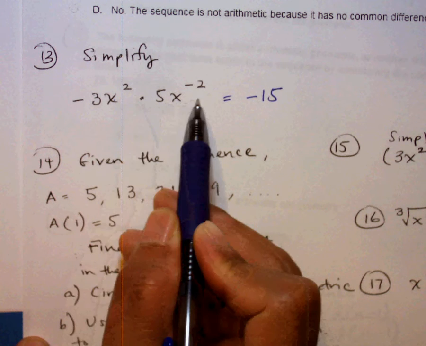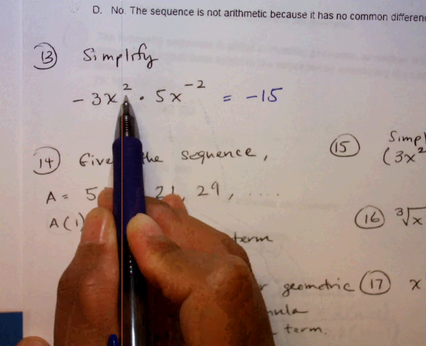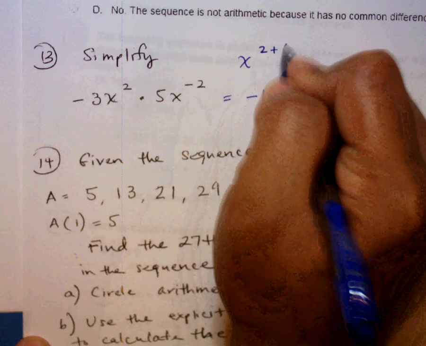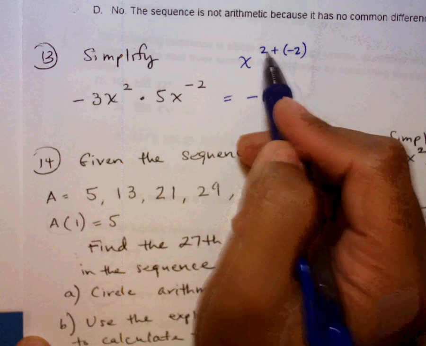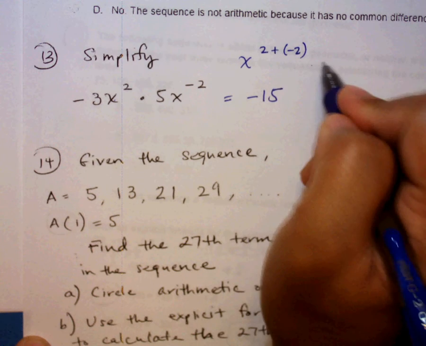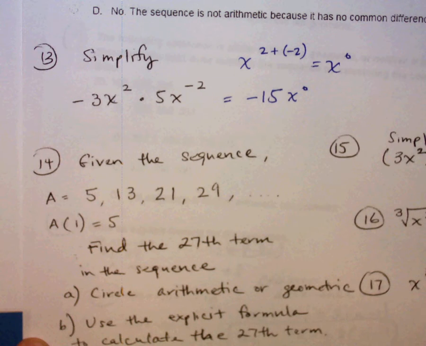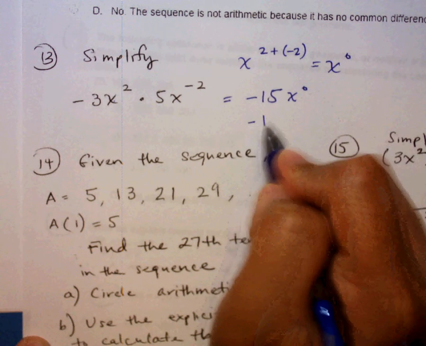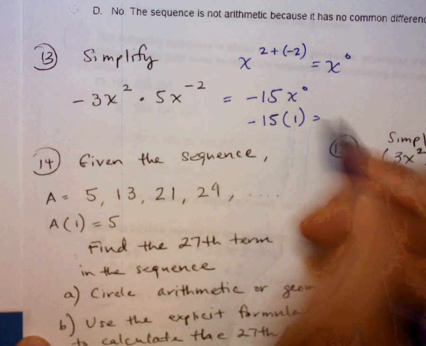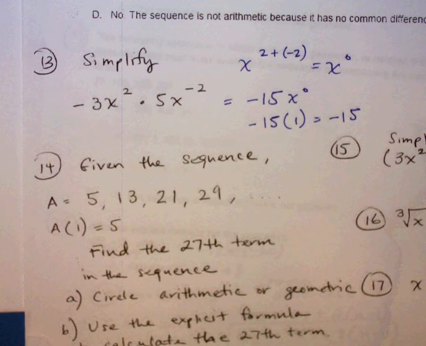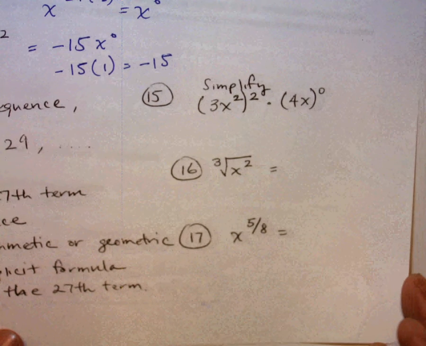The x's are bases with different exponents, and since you're multiplying, you add the exponents: 2 plus negative 2 gives x to the 0 power. Anything to the 0 power is 1. Negative 15 times 1 is negative 15.